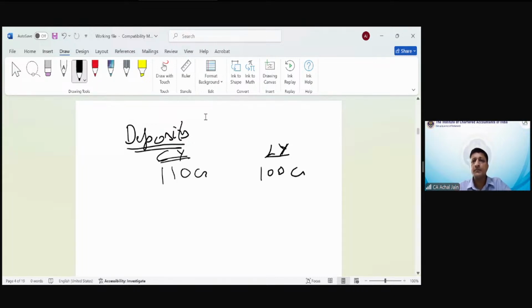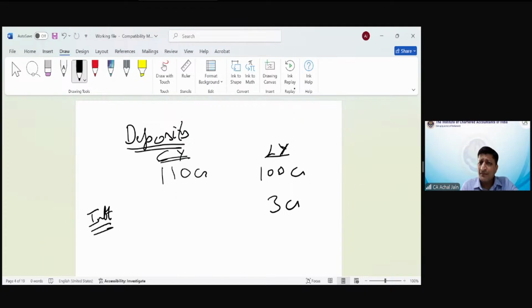Now in this case, let's suppose last year the bank paid an interest of 3 crore.